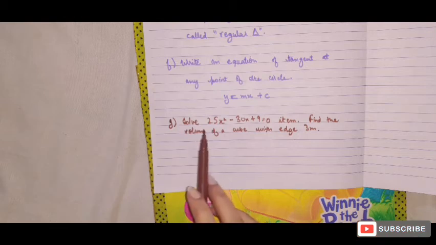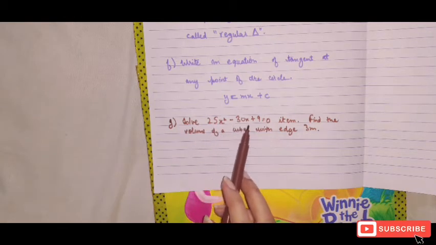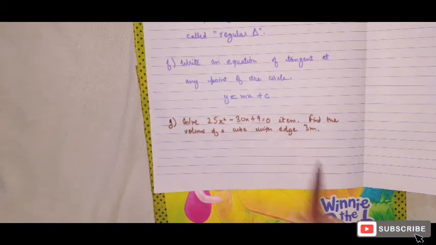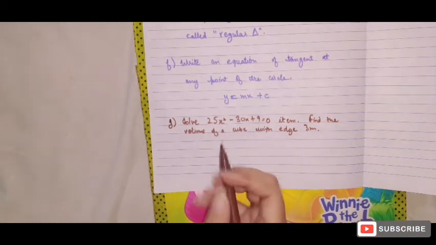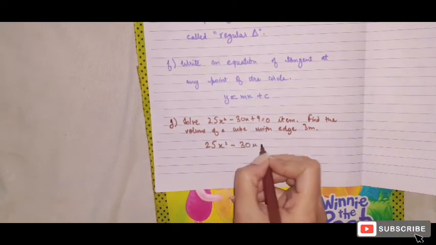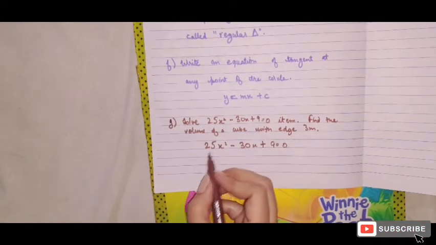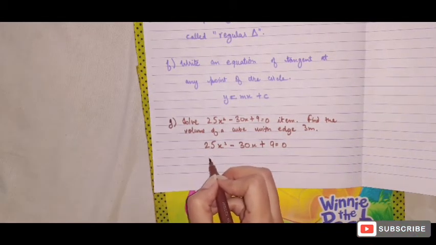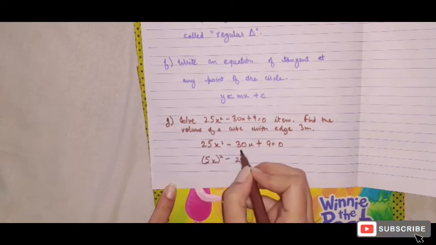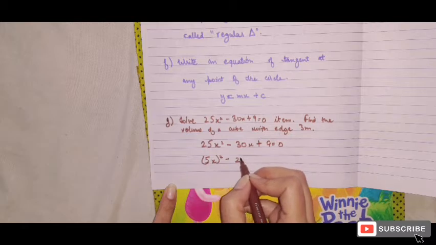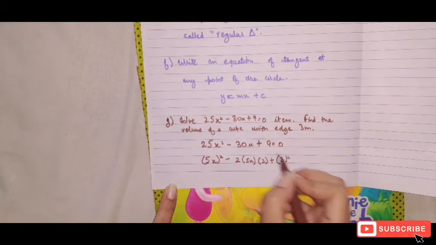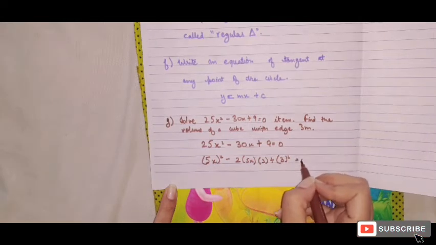So the next question is, solve 25x square minus 30x plus 9 equals to 0 and find the volume of a cube with the edge 3 meter. First we have to solve this equation, which is 25x square minus 30x plus 9 equals to 0. 5 5 is 25, so we write (5x) whole square minus 2 into 5x into 3 plus 3 square, 9 is 3 square, equals to 0.